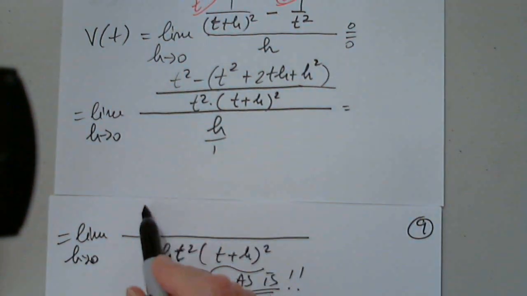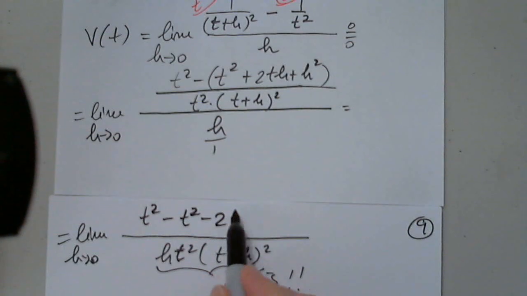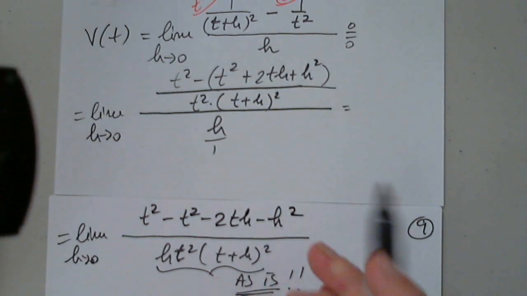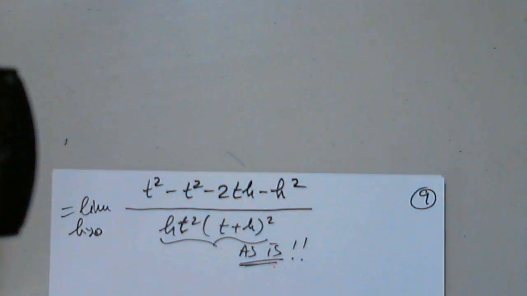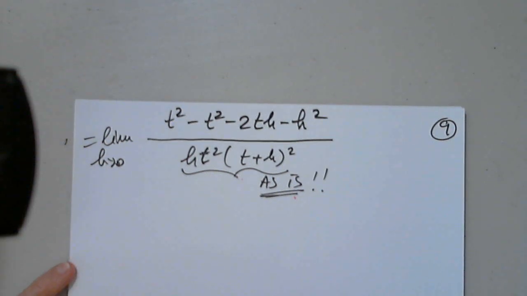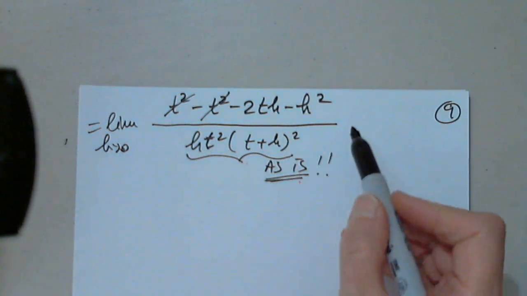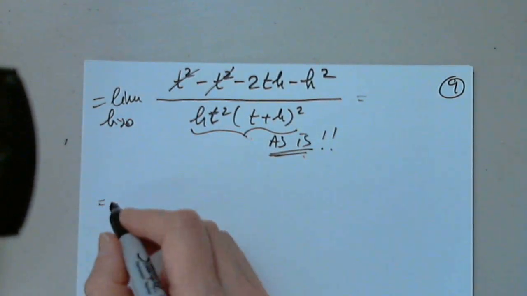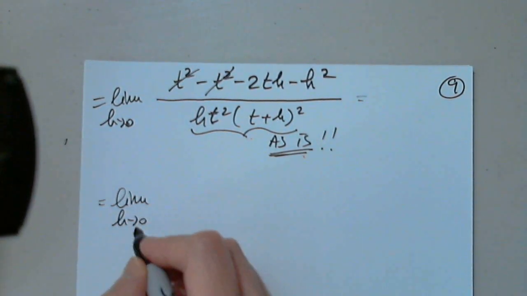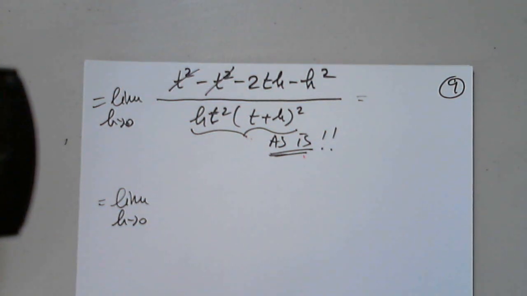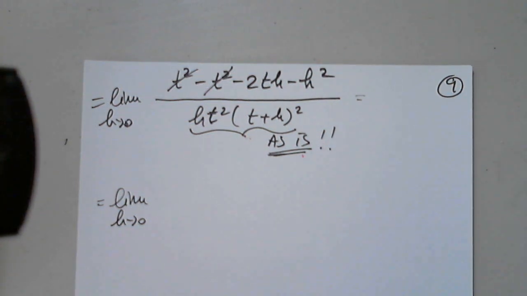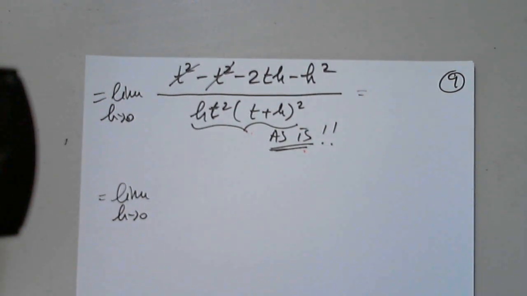Good. So then the numerator will be t squared minus 2th minus h squared. Of course, terms without h must go away. They do. Step number 1 is done. What about step number 2? What do I continue with? What do I have to do next? Factor out the h.